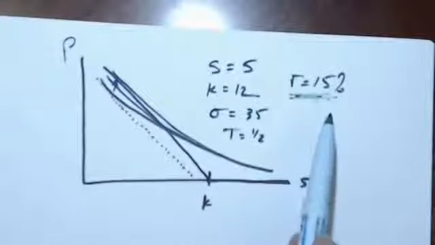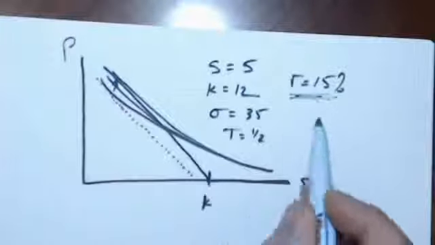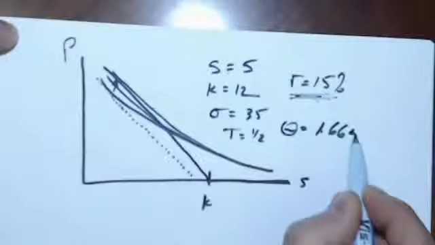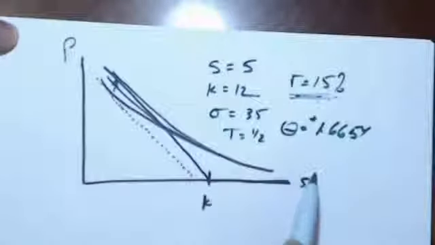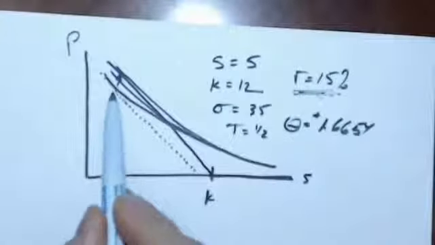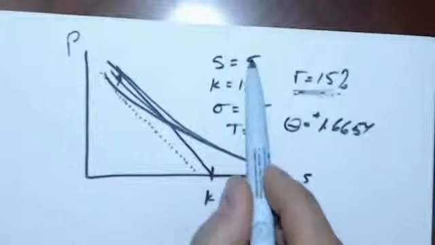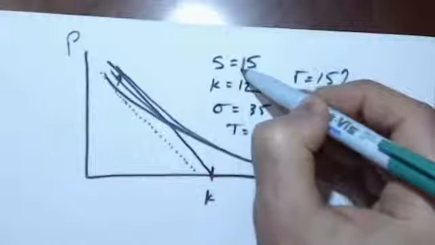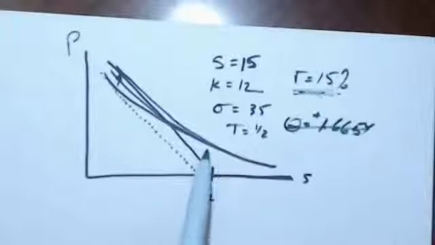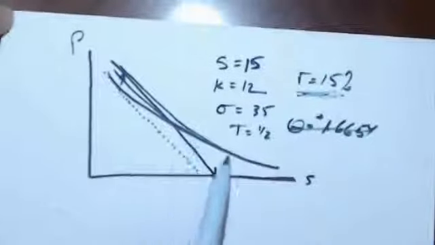So you make R, the interest rate, high, and that's when you're going to get that time growth. Theta, by the way, here will be 1.6654 positive in this circumstance, and you'll get this action here. And if you were to change this stock price to, say, 15, you would find that the theta would be negative in this area, and it would actually drop down a bit.